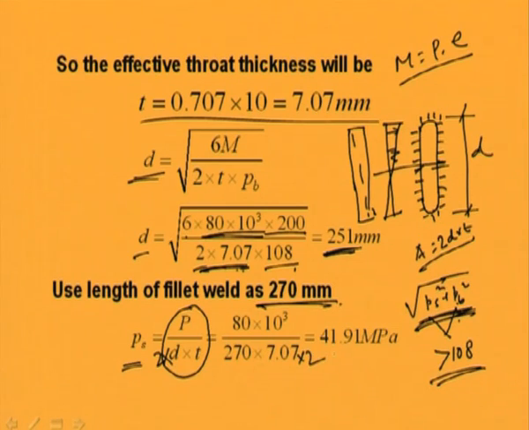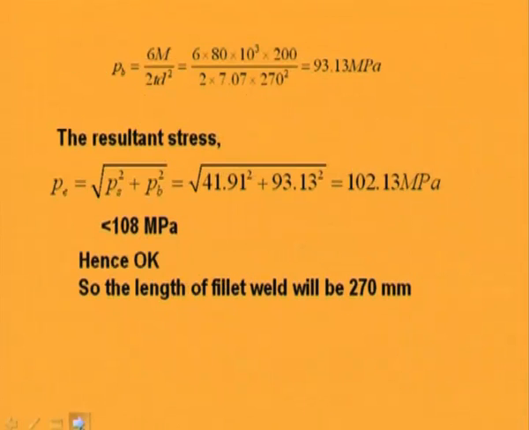So Ps will be 80 into 10 cube by 270 into 0.707 into 2. Then the value will be coming this much by 2. Okay. So Ps we are going to get this much. Again Pb will be 6M by 2Td square.